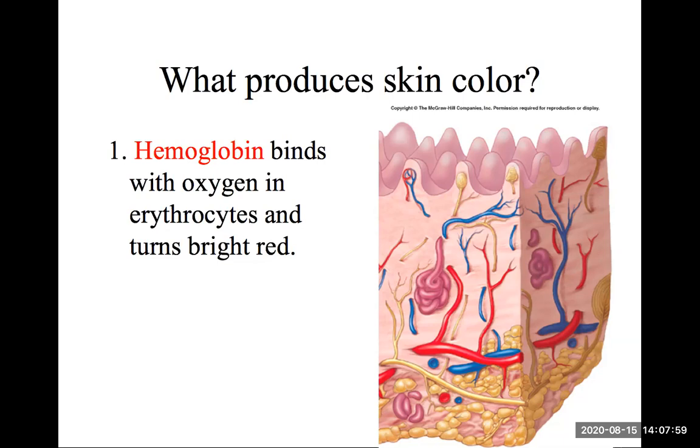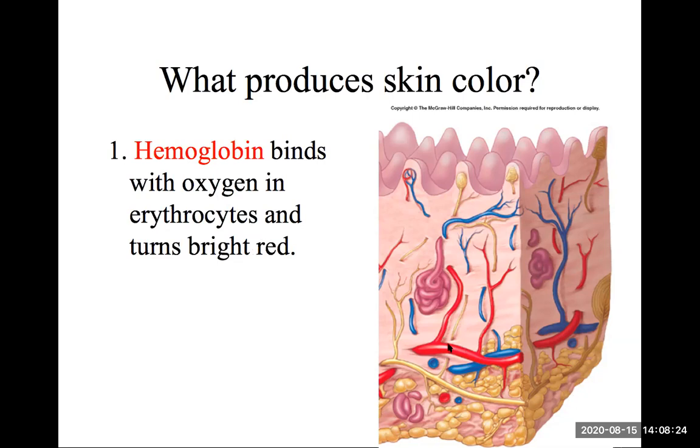Okay, hemoglobin is a protein, and it's a protein found in erythrocytes or red blood cells. Okay, so here's an artery, here is a vein. They're represented as two different colors. And the reason for this is that in red is going to be the brighter blood because hemoglobin that binds with oxygen turns bright red.